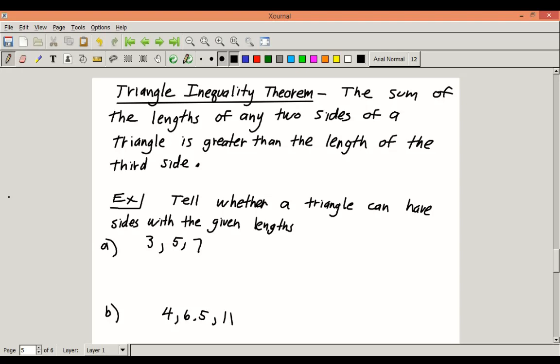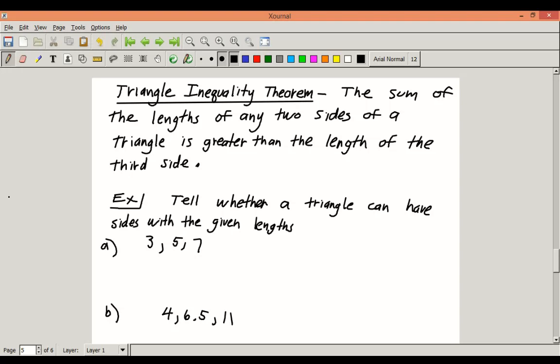Okay, triangle inequality theorem. We're going to use this quite a bit. The triangle inequality theorem says the sum of the lengths of any two sides of a triangle is greater than the length of the third side.